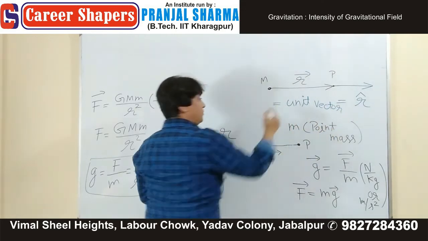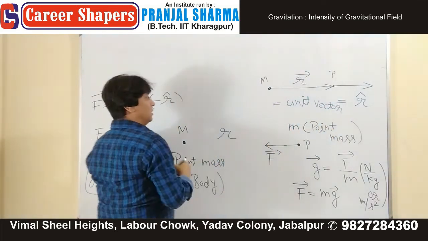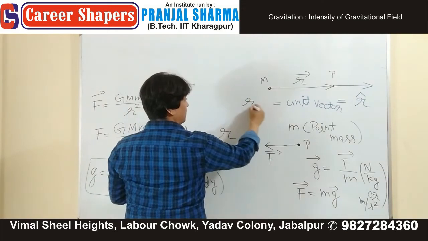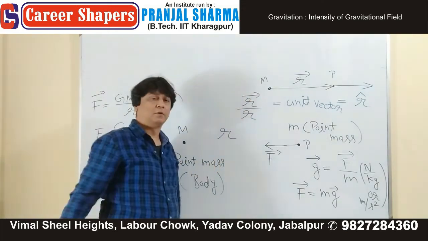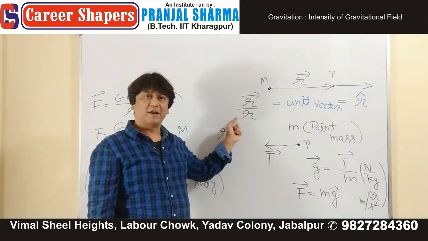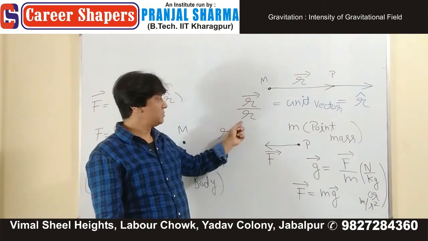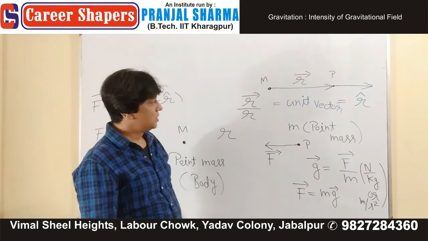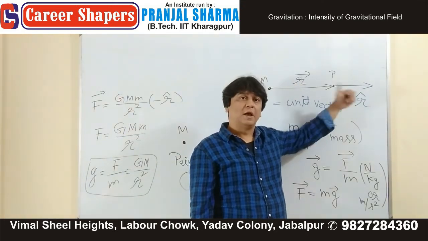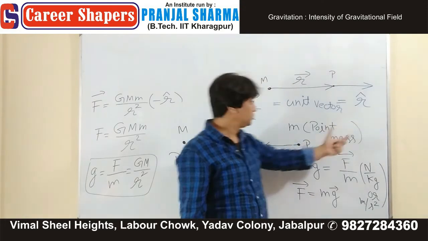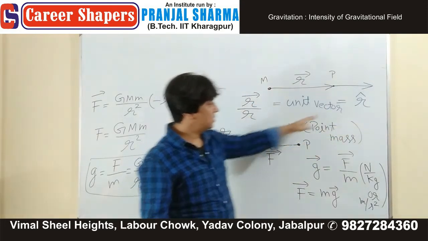And how do you find a unit vector? Divide the vector with its own magnitude. 10 divided by 10 is what? 1. 5 divided by 5 is what? 1. So this direction has a special name which is r upon r, or r cap.